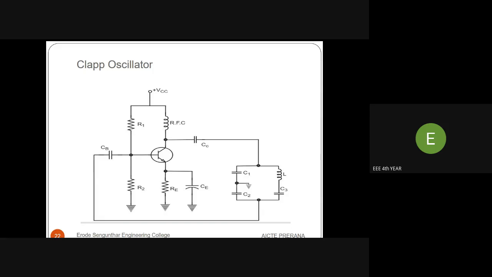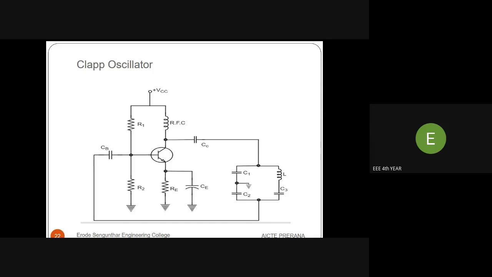The upper terminal of the feedback network is denoted as 1, the lower terminal is denoted as 2, and the center terminal is denoted as 3. The center terminal 3 is connected to ground potential. So at any time, the upper terminal 1 is positive with respect to 3 and the lower terminal 2 is negative with respect to 3. So the phase shift between the upper and lower terminals, 1 and 2, of the feedback network is 180 degrees.